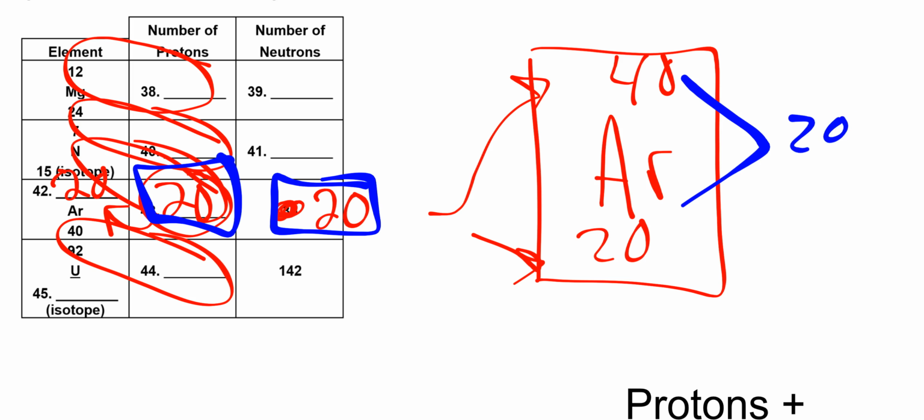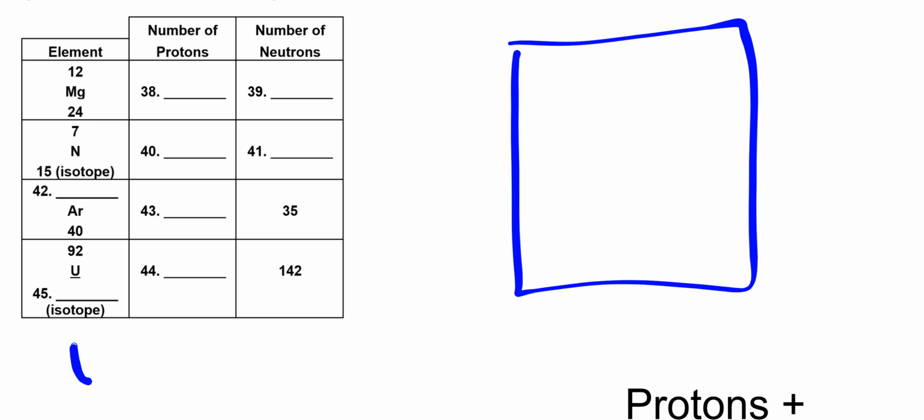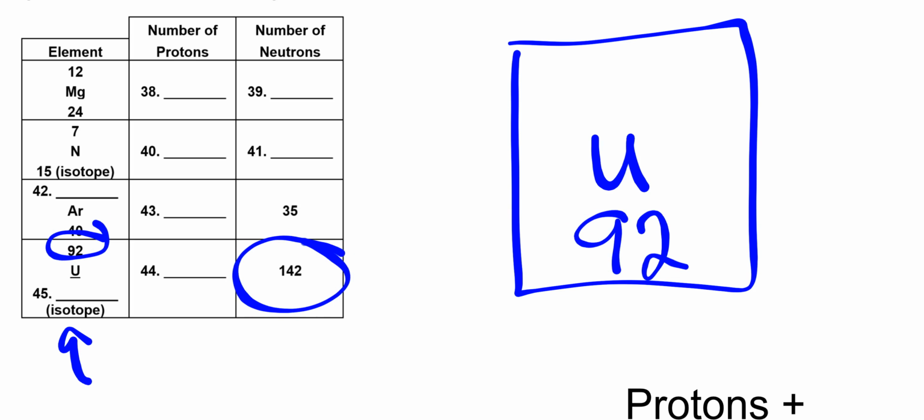All right, pause it for a second and see if you can do uranium. All right, uranium's a little bit harder. This says it's an isotope, so it's not the one listed on the periodic table, but we know it's element number 92, and then we know it has 142 neutrons.